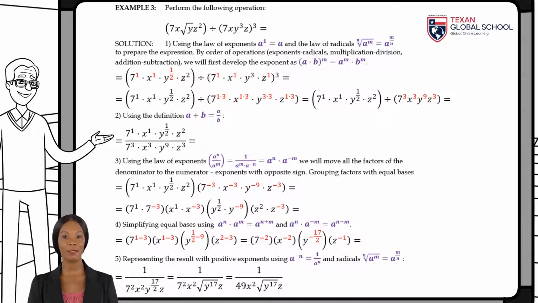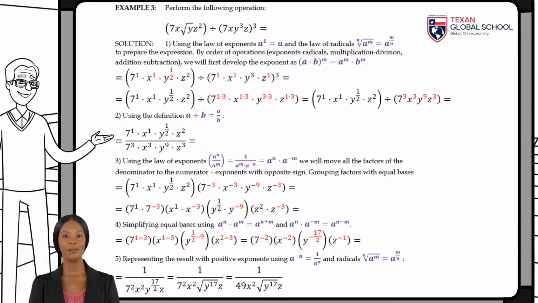Once the exponent of the denominator has been performed, by multiplying exponents, we represent the operation as a fraction. We multiply all the denominator factors with opposite sign by the numerator. We group equal bases and add or subtract exponents to simplify. Remember that the results must be expressed with positive exponents and radicals.